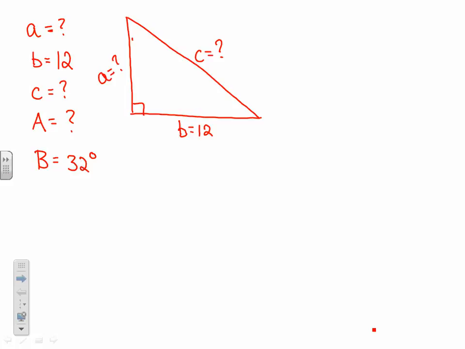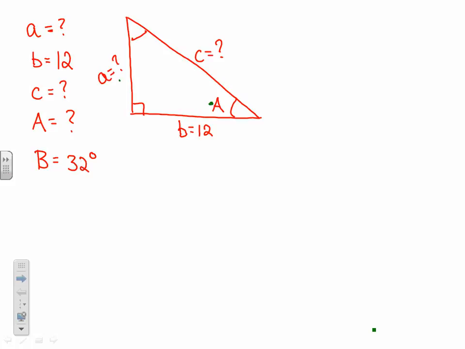And remember, when you're labeling your angles, this is where a lot of people were making mistakes. Remember, the side is going to determine the name of the angle. So angle A belongs here because angle A is opposite side A, and that's always going to be true.